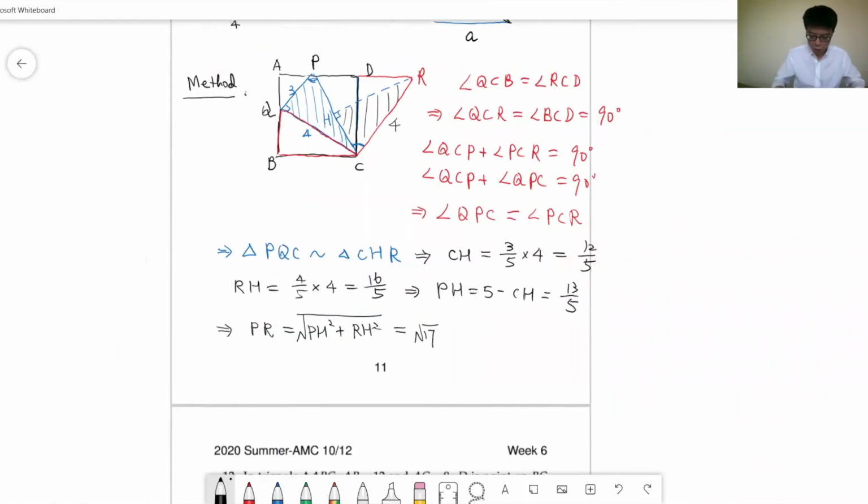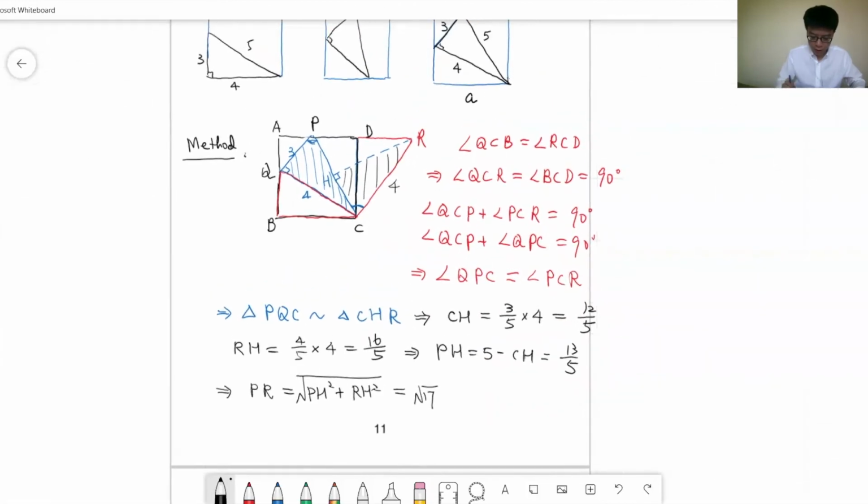Now, our goal is to solve the side length CD. Based on the formula of the triangle's area, we know that PC times RH equals PR times CD. So CD is PC times RH divided by PR. And we already have all these lengths.